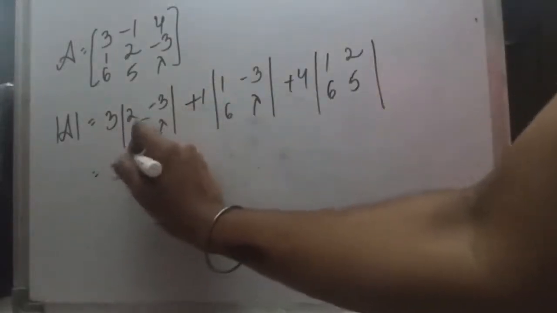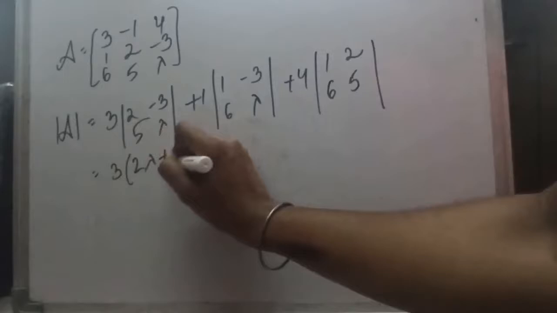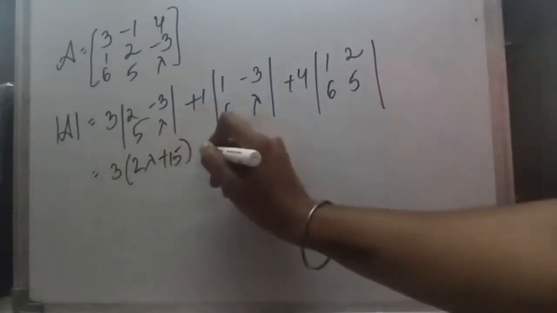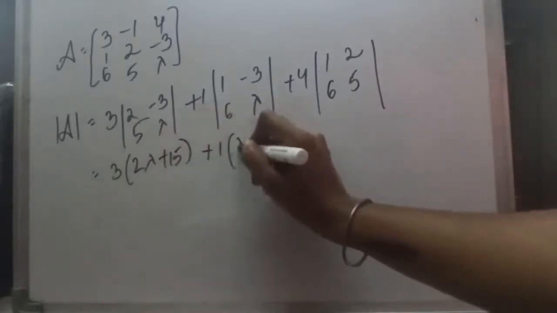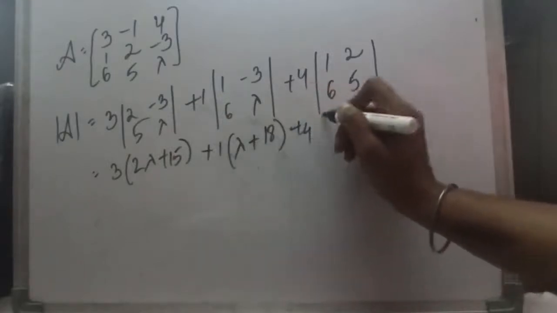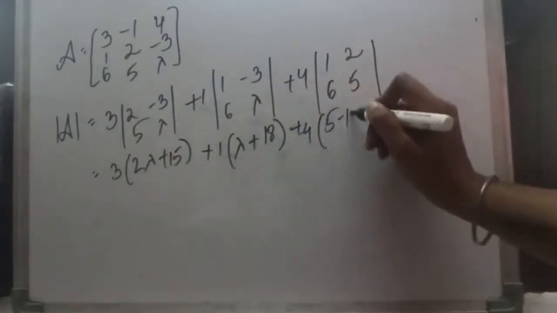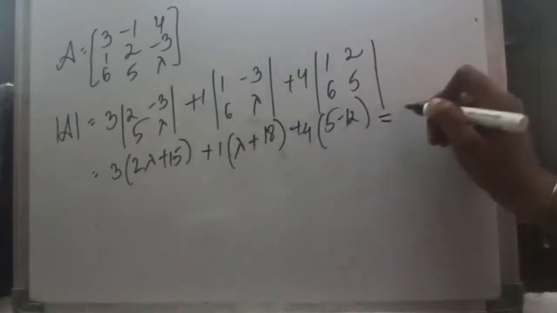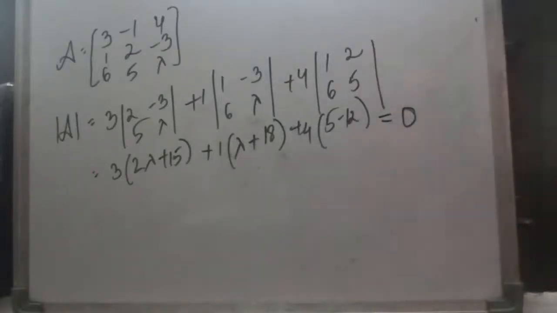So 3 times (2 lambda plus 15) plus 1 times (lambda plus 18) plus 4 times (5 minus 12). We will keep it equal to 0. Why are we keeping it 0? Because we are assuming that the set of equations has no solution.